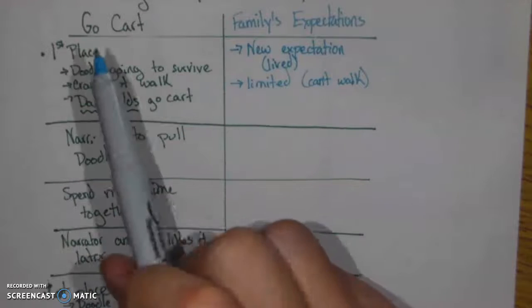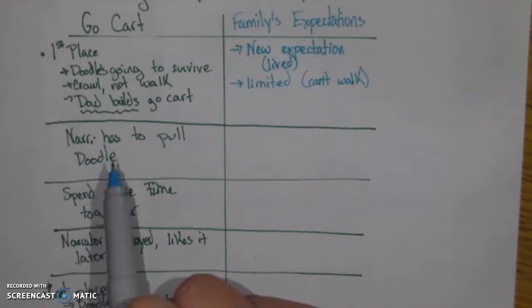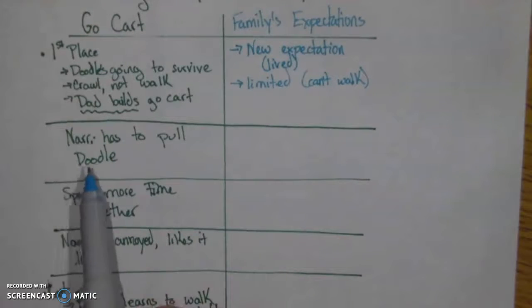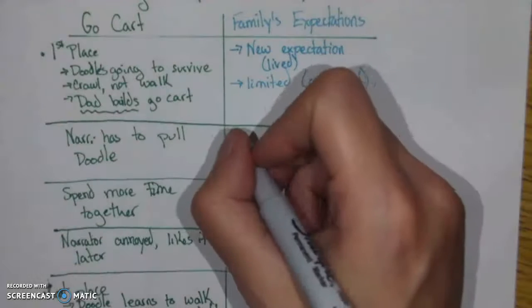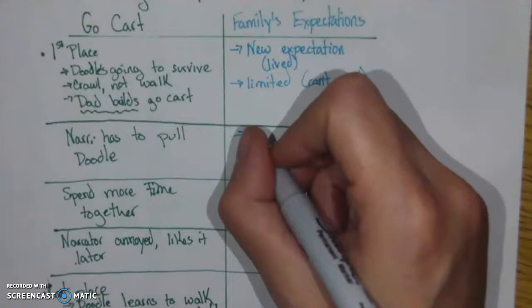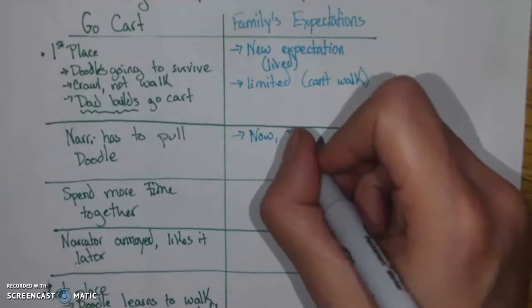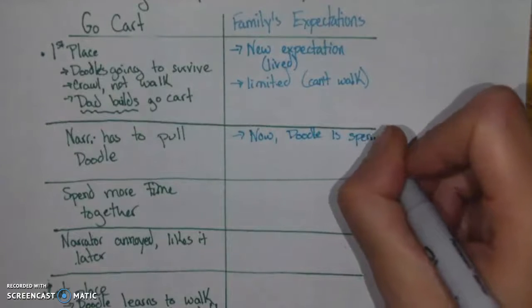So these go-karts make it so that the narrator has to be around Doodle. So this new expectation means that Doodle's going to be spending time with the narrator, right? And that's going to be what I fill in here. So now, with these new expectations, Doodle is spending more time with them.